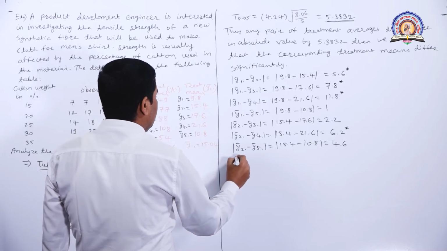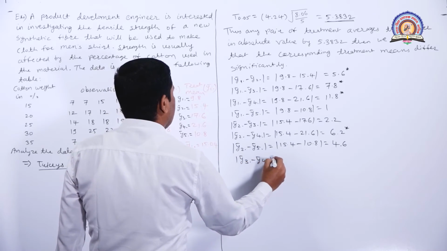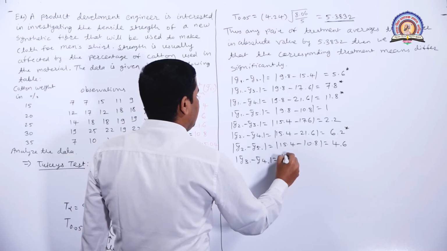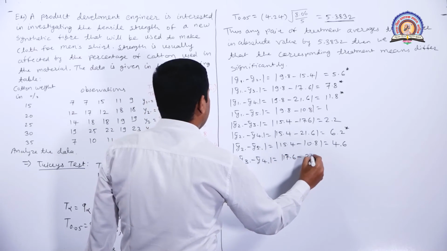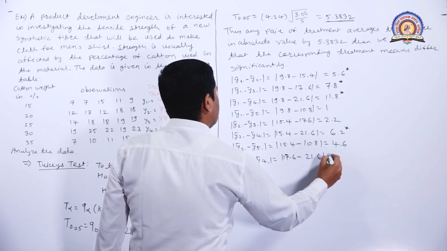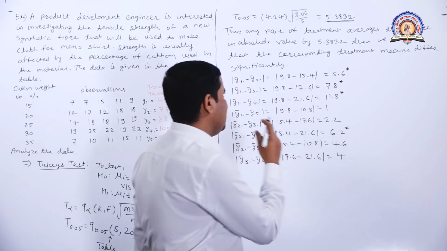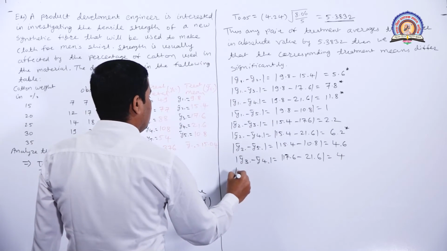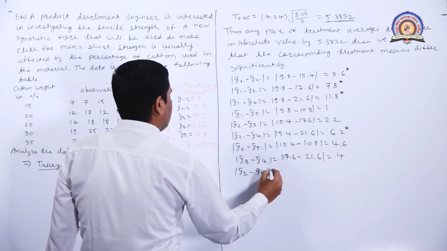Now start from 3. So y bar 3 dot minus y bar 4 dot. This absolute difference is 17.6 minus 21.6. So this absolute difference will become 4. So 4 is also less than this 5.3832. Now 3 versus 5. Y bar 3 dot minus y bar 5 dot.